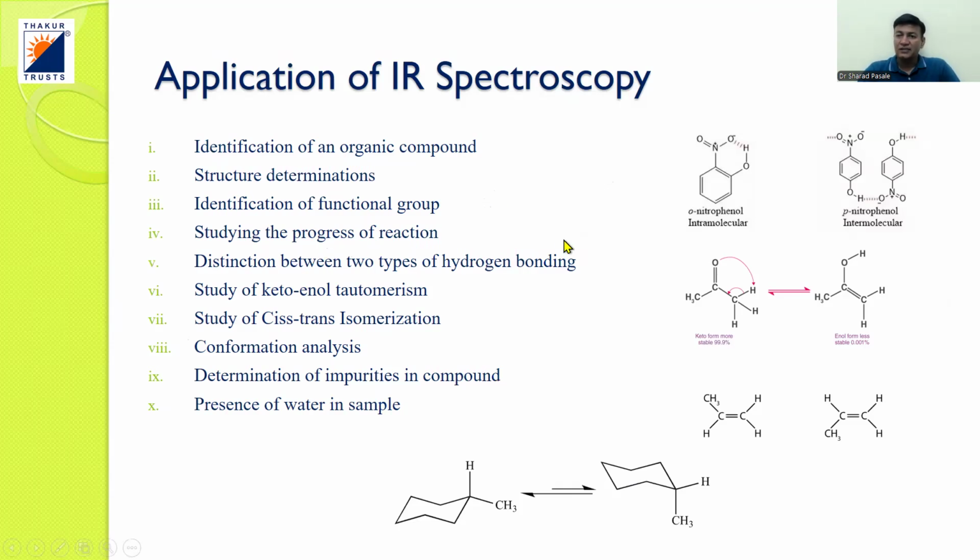Progress of a reaction can be monitored through IR, like TLC. Types of hydrogen bonding we can also distinguish. Keto-enol tautomerism, whether there is a ketone group or alcohol group, we can also find out. Cis-trans isomerism we can distinguish, and if there is moisture or water in the sample, you will find the peak in the IR.